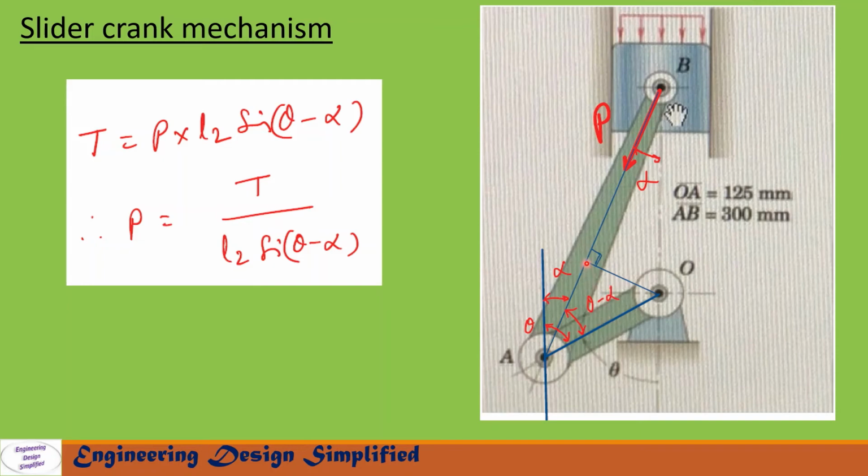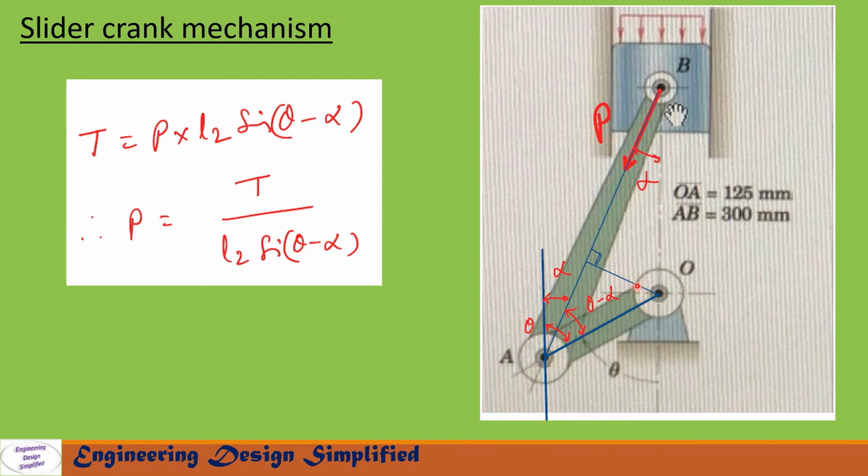Then the perpendicular distance from O onto this link AB can be written as L2, since this length is L2 and this angle is theta minus alpha. So this distance is L2 sine of theta minus alpha. Now this force P produces a moment about O on this crank OA.